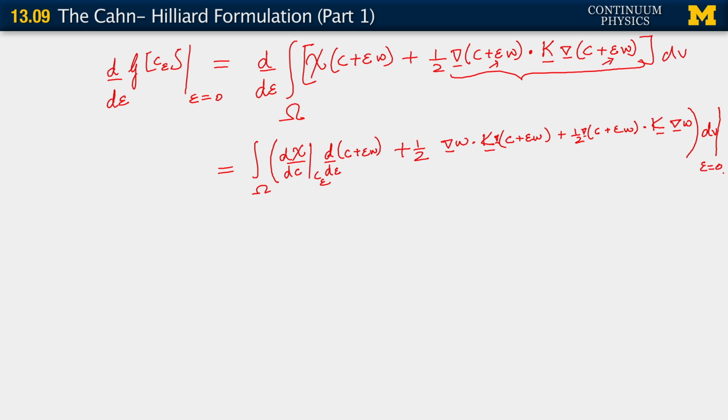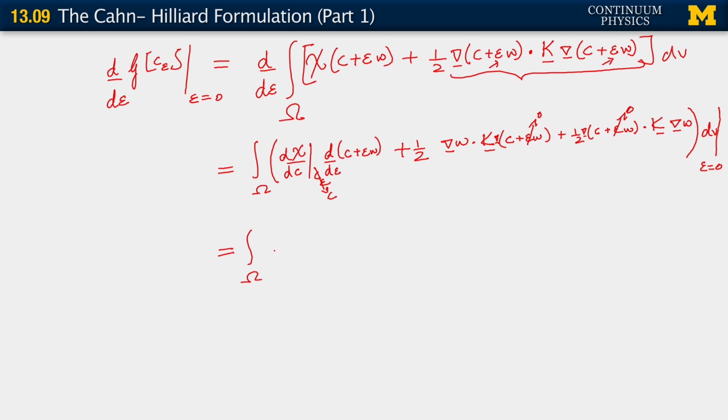Straightforward enough. Because we're setting epsilon equal to 0, C epsilon falls back to C, whereas all these epsilons disappear. So when we do this, we get the following.